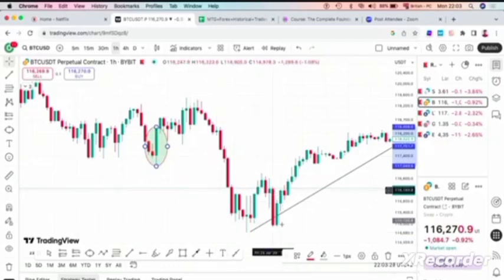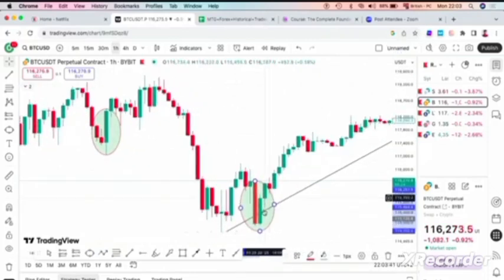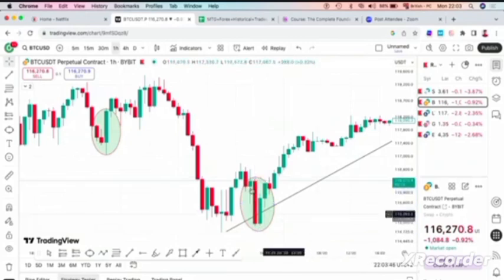And this is a bearish engulfing. This is a bearish engulfing candle. You can see the body of this candle covering almost 2 bullish candles.